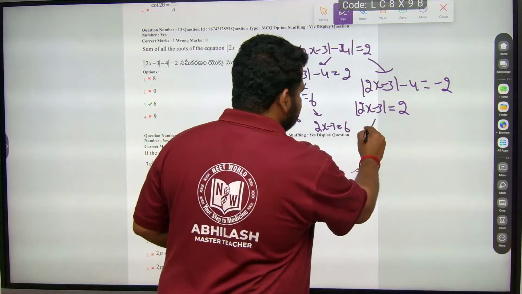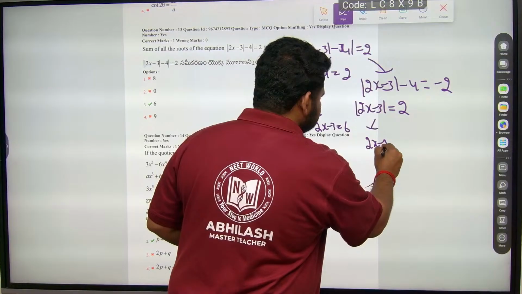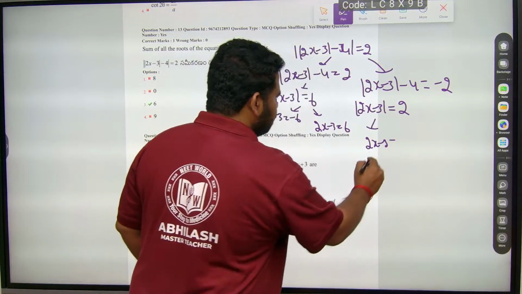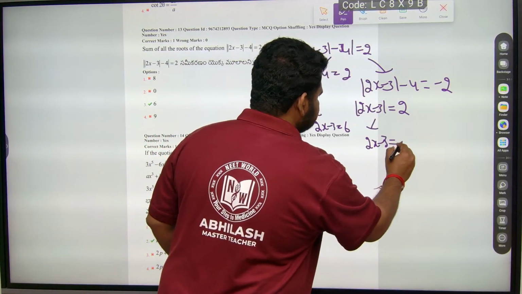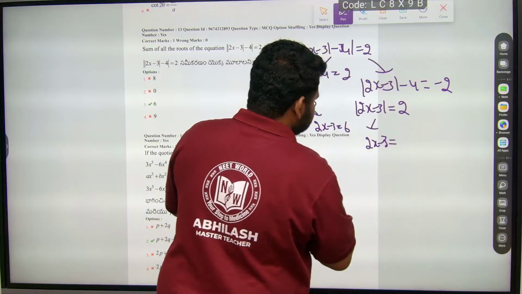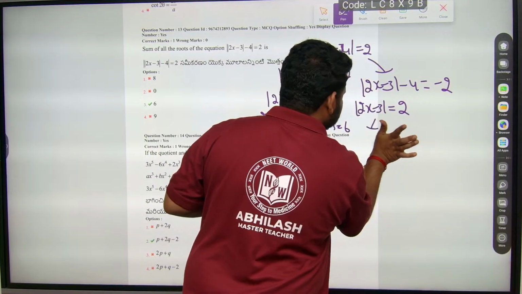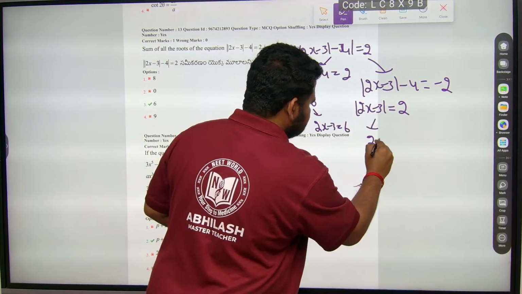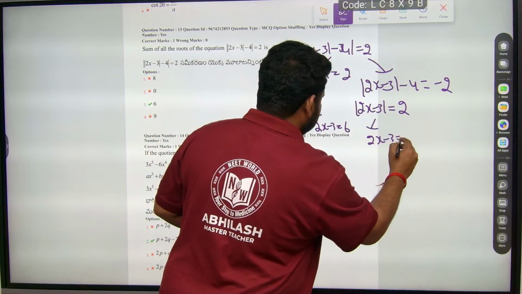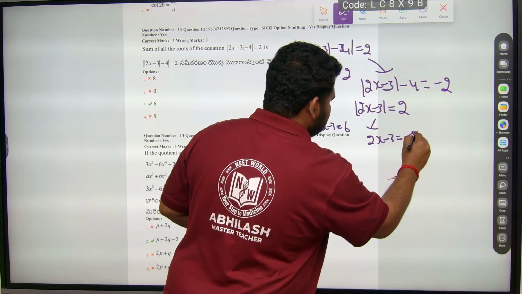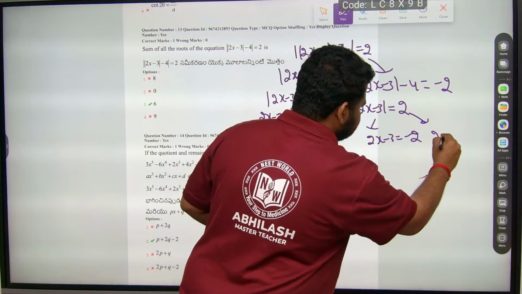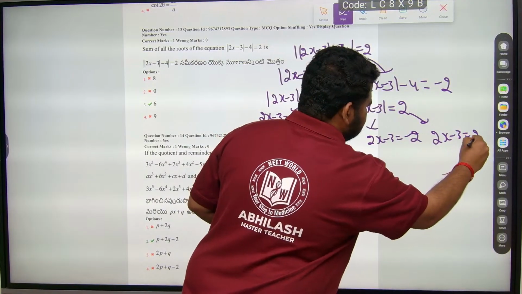Similarly for the second, I get 2x minus 3 equal to minus 2, and 2x minus 3 equal to plus 2.